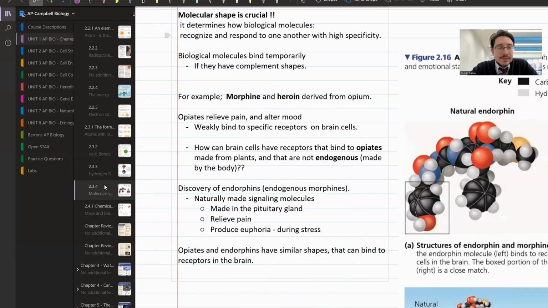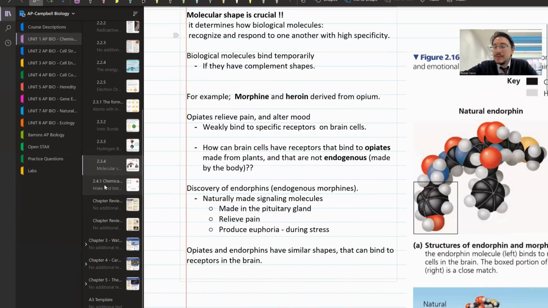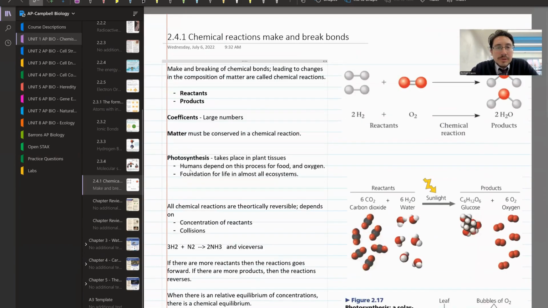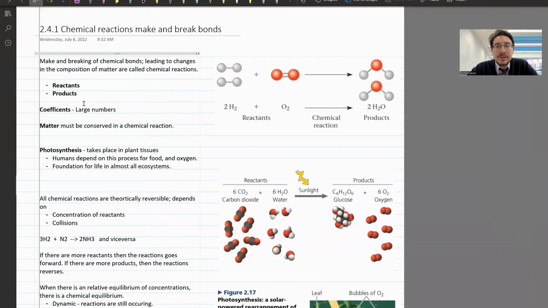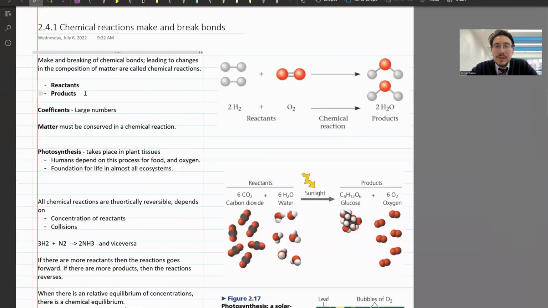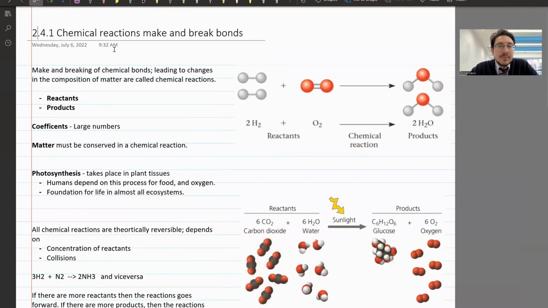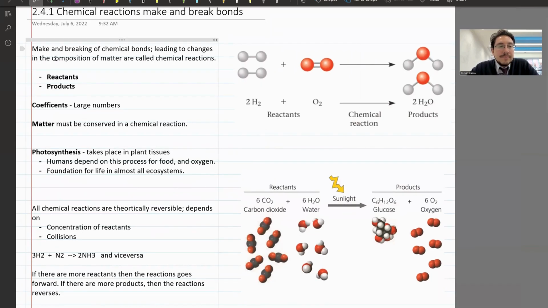All right. And let's go to this last portion of chapter 2, which is chemical reactions. Again, these are things that we've seen before in middle school and in high school biology. Chemical reactions make and break bonds, right? Making and breaking chemical bonds will ultimately lead to changes in the composition of matter.